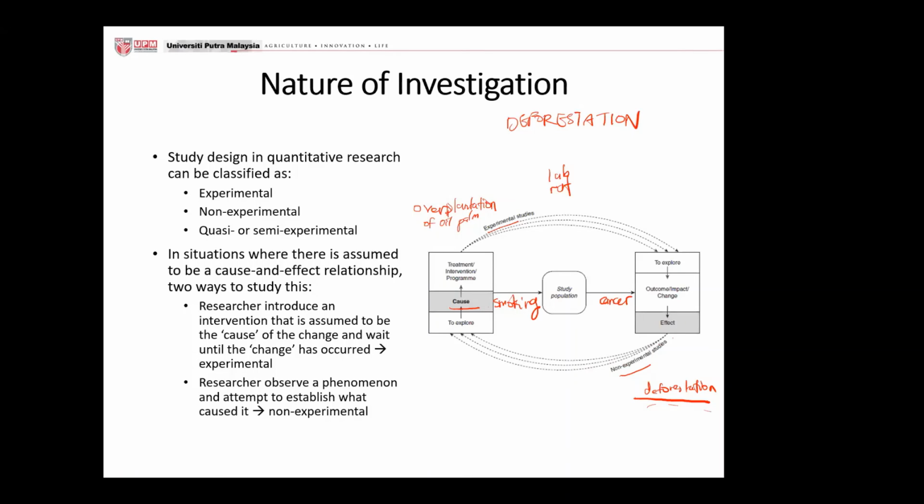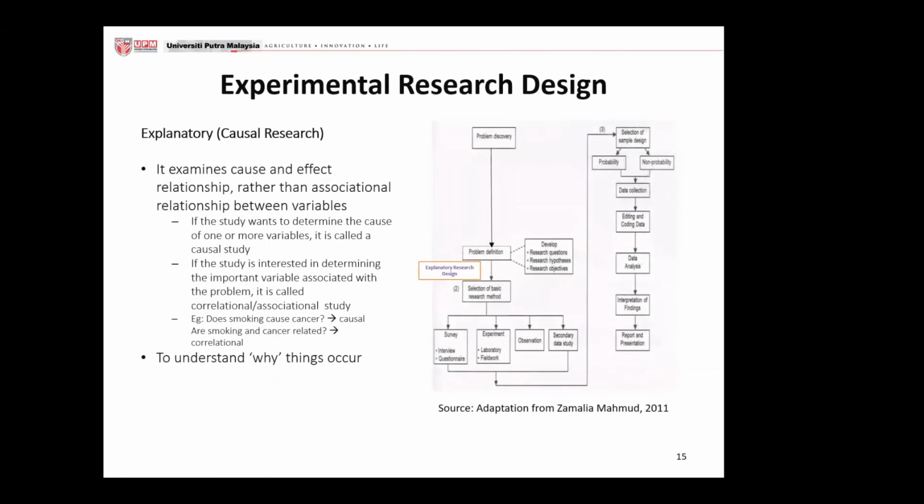Now, how are you going to check? You can understand that, right? So from here, you can only do something like a survey. In your survey, you ask the people who have cancer whether they smoke, how many times a day, things like that. And eventually you can start linking that up. So that's the way we look at the differentiation between experimental and non-experimental. All right.